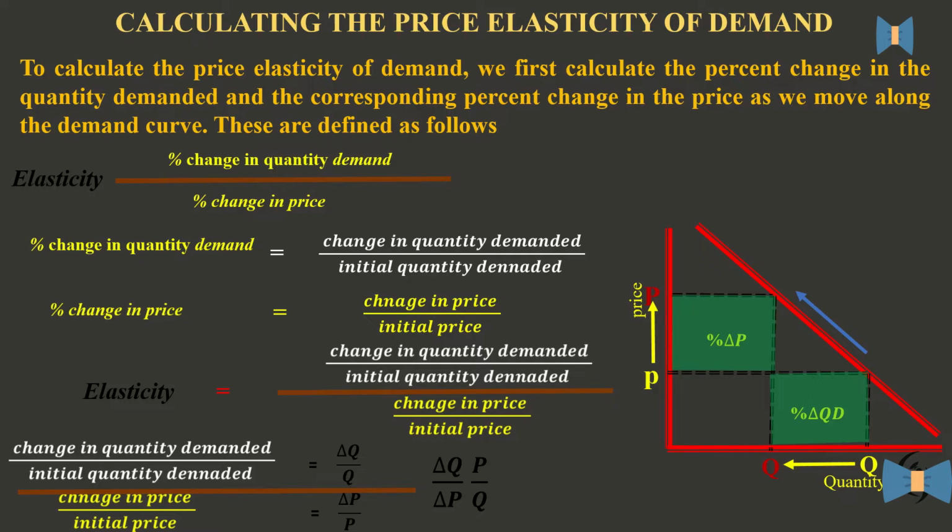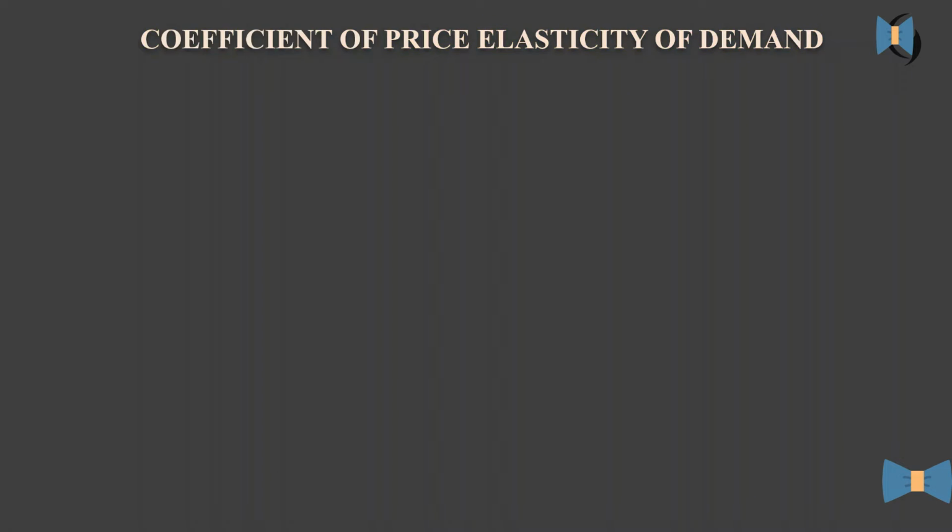Here we can rearrange, and we will get delta Q divided by delta P, times P divided by Q. This equation is used to calculate the price elasticity of demand. Using this equation, we will get the coefficient of price elasticity of demand.